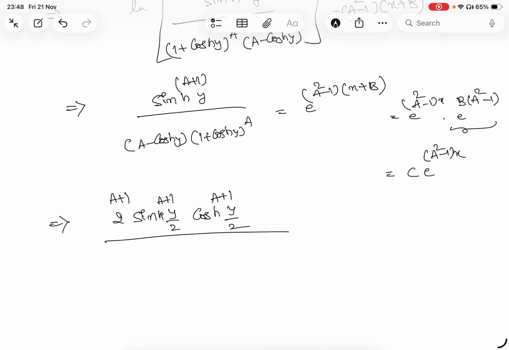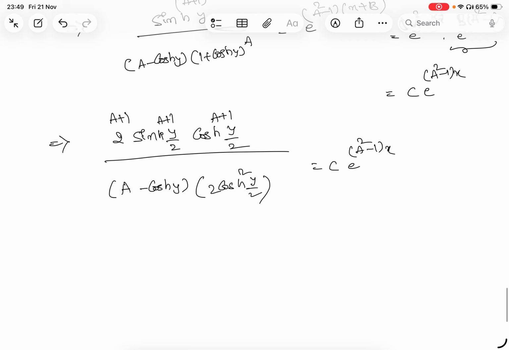And 1 plus cos hy can be written as 2 cos h square (y by 2), and this is equal to c into e power of (a square minus 1) into x.